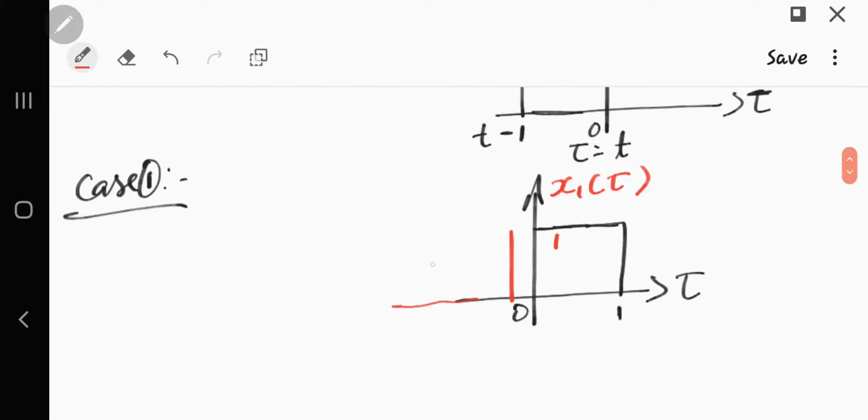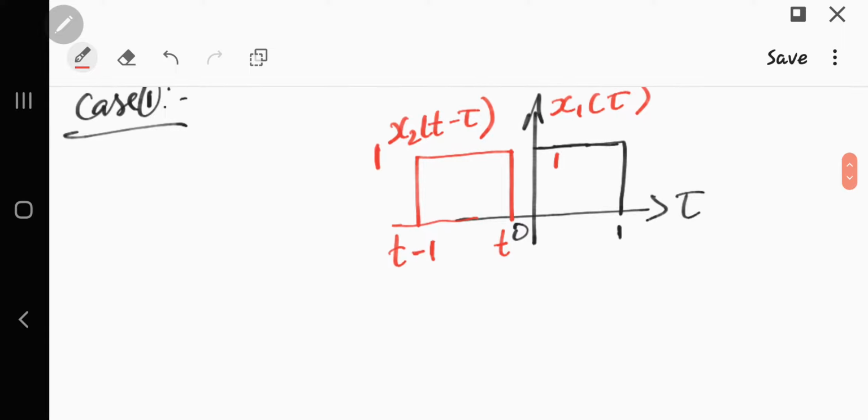So this is my signal from t minus 1 to t having amplitude 1. This is my x2 of t minus tau. As you can see, there is no overlapping. So no overlapping means y of t will become 0. We define this case for t less than 0.